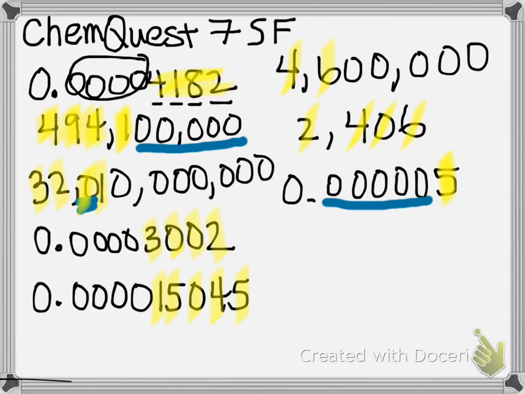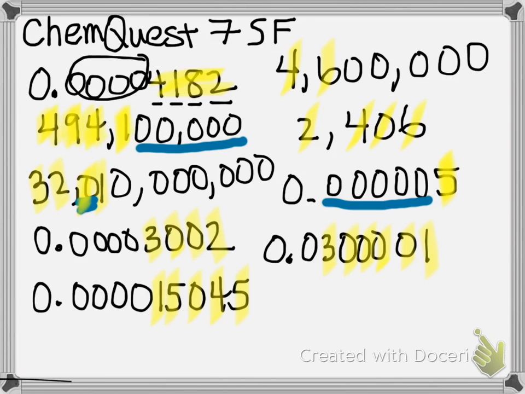In letter E, again, the 3 and the 1 are significant, as are all these zeros that are between them. So that gives us a total of 6 significant digits.